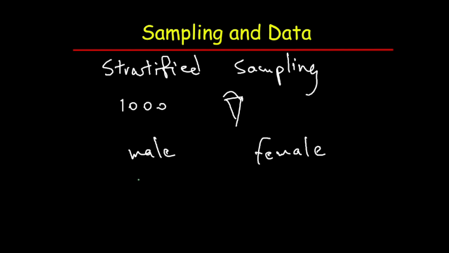So I would maybe pick 50 from this group and 50 from this group. So this kind of addresses some of the issues when dealing with simple random sampling. Because in this type of sampling, we're guaranteeing that both subgroups have an equal voice and equal power to the final sample and data that we get.